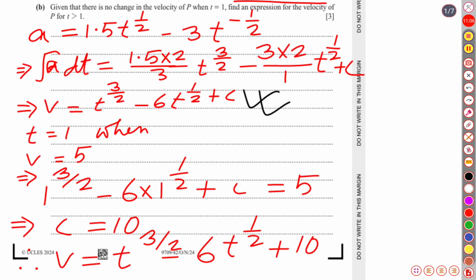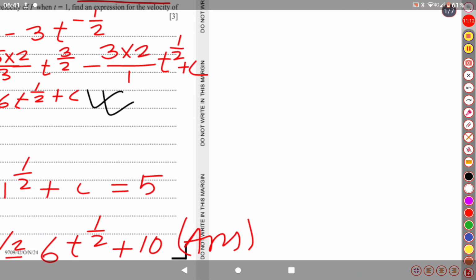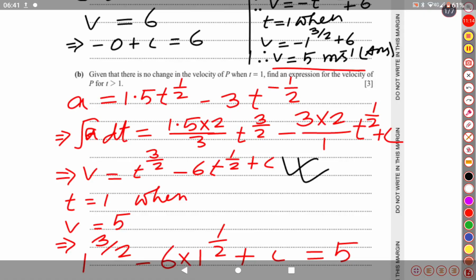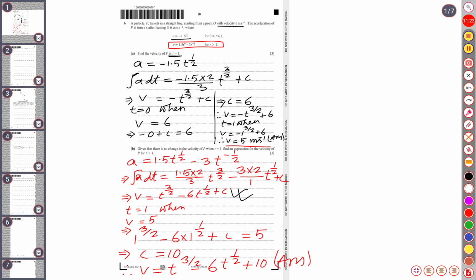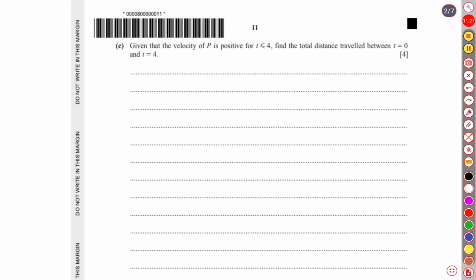So this is the expression for the second part of the solution. Let's move on to the third part of the question. The third part is telling that, given that the velocity of P is positive for t less than or equal to 4, find the total distance traveled between t equal to 0 and t equal to 4.